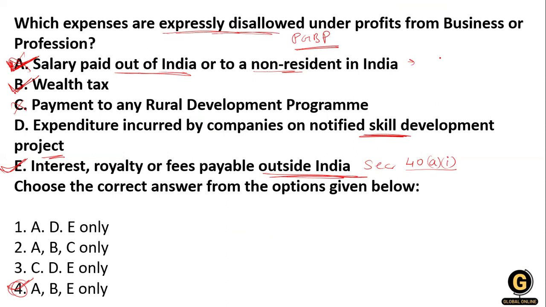So it's given in section 40A 1A. Then again the salary payable outside is given in 40A 3.